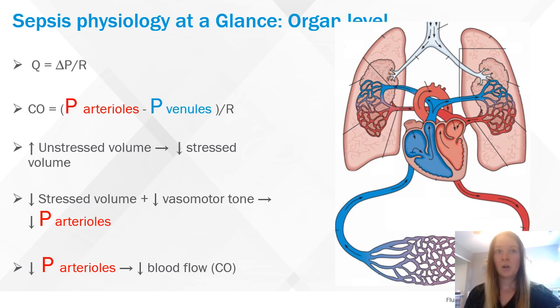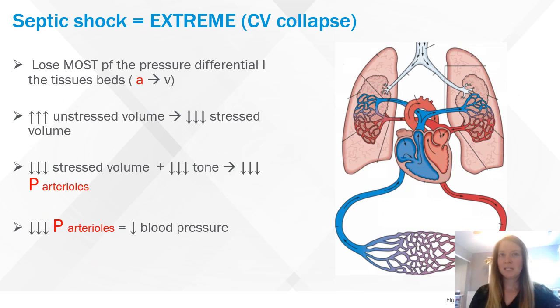And therefore, when you have less pressure on the arterial side, you have less blood flow in the microcirculation, which is what we discussed in the very beginning. Now, that was in the case of sepsis. However, septic shock is an extreme version of that.